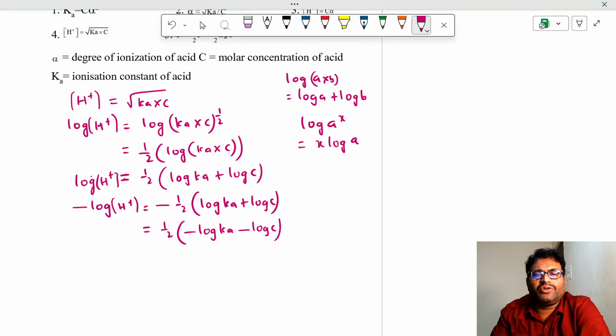Minus is here, so I get minus log Ka, and minus into plus gives you minus.